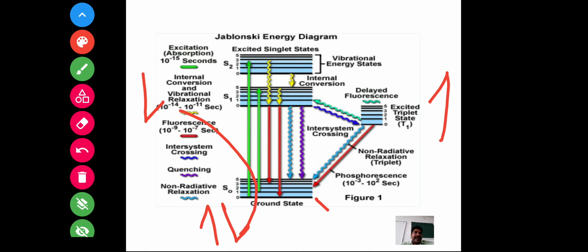This T1 is called the excited triplet state. So, during this intersystem crossing, the excited electron comes to the excited triplet state by changing its spin.